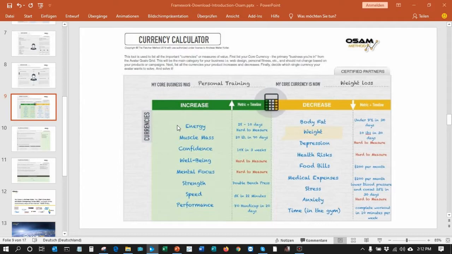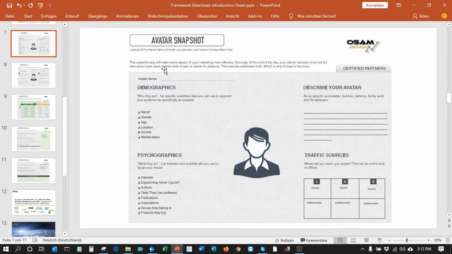Okay, let's jump in. We would like to find our core currency. To do that, first of all, again, we build on previous frameworks. Keep your avatar in mind.